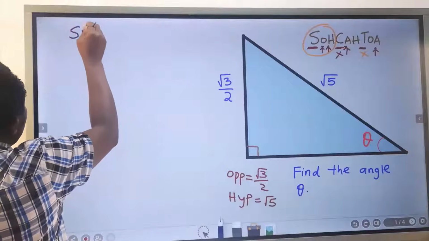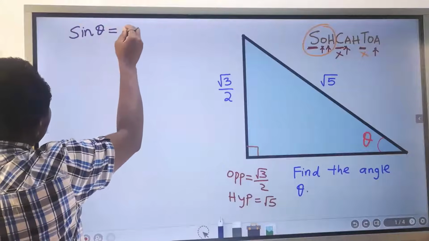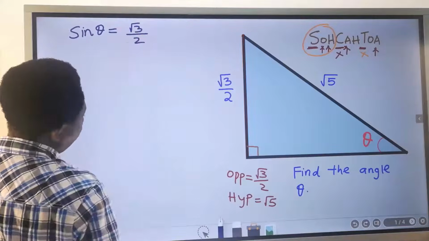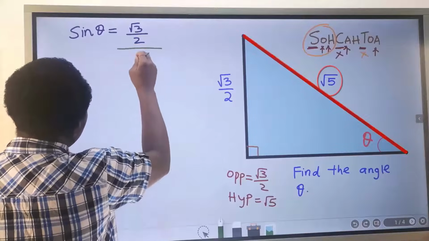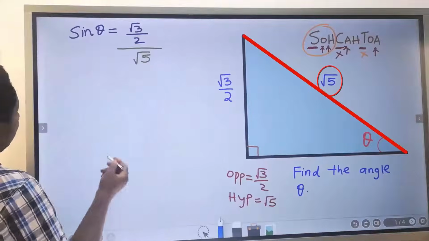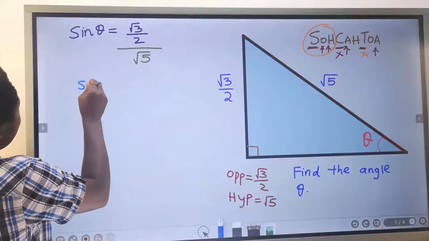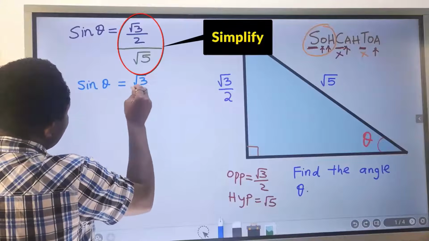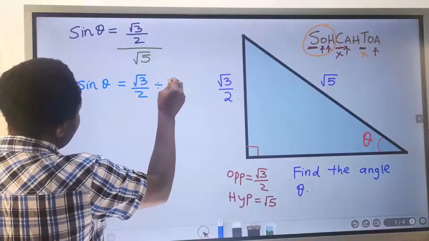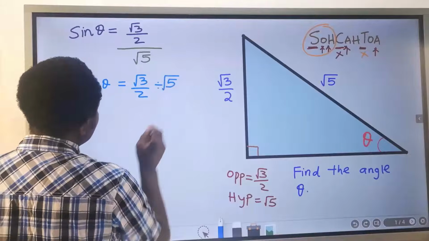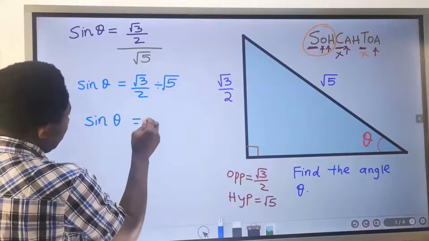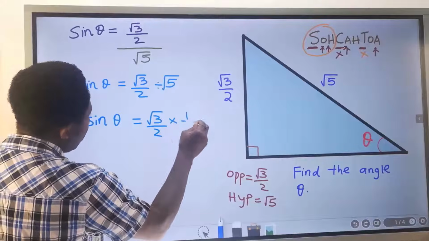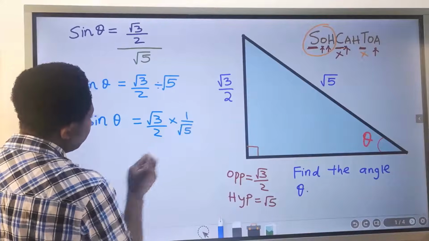Then sine of the angle is opposite, which is √3 divided by 2, then divide by the square root of 5. Next, we're going to have that sine theta is the square root of 3 divided by 2 divided by the square root of 5. Sine theta is the square root of 3 divided by 2 times 1 over the square root of 5.